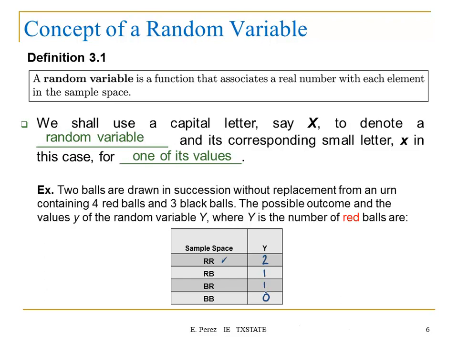You can have another random variable, let's say W, which is the number of black balls, then you can have different values here for that random variable. So, definition of a random variable: a function that associates a real number with each element of the sample space.